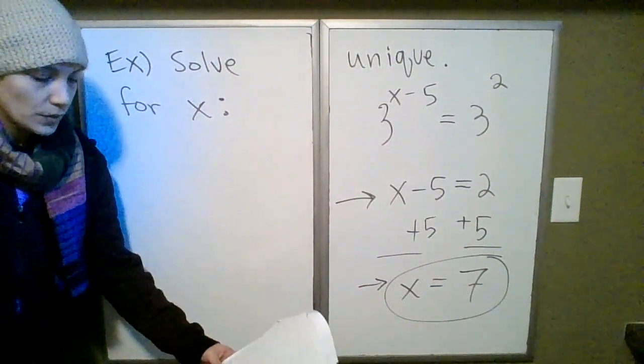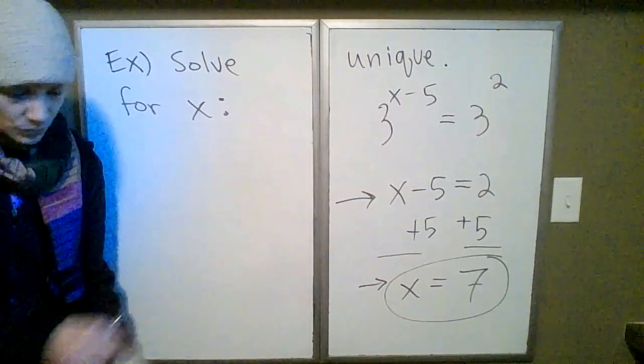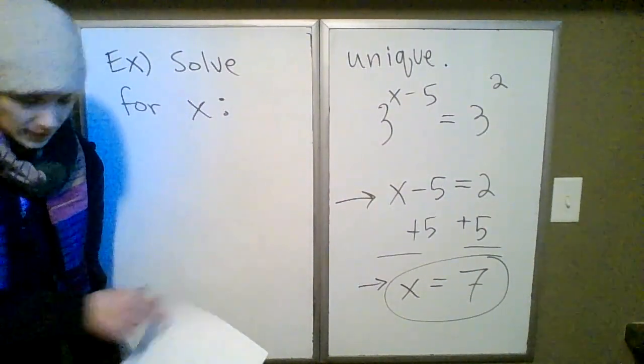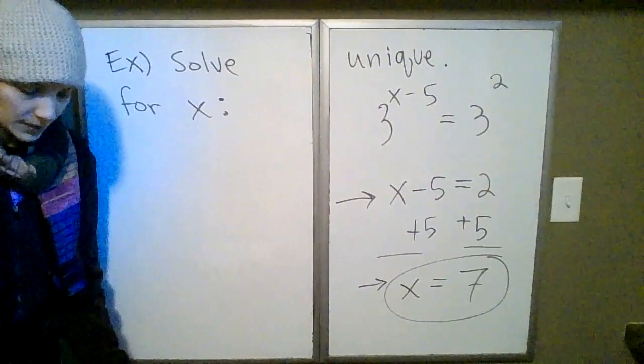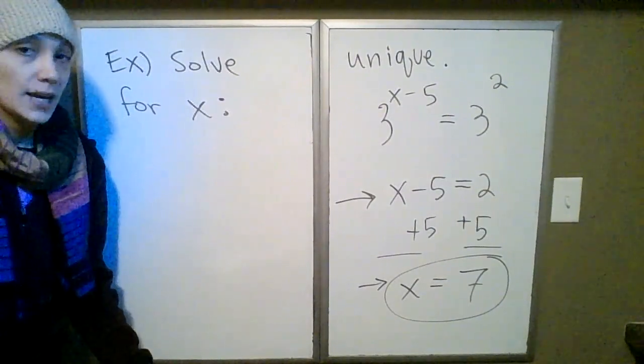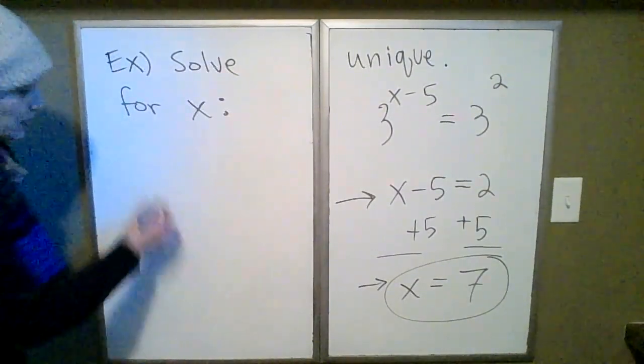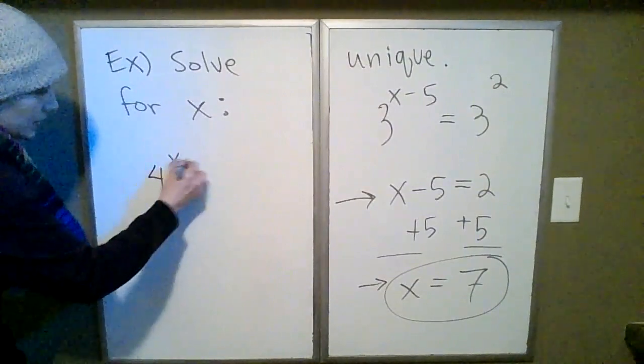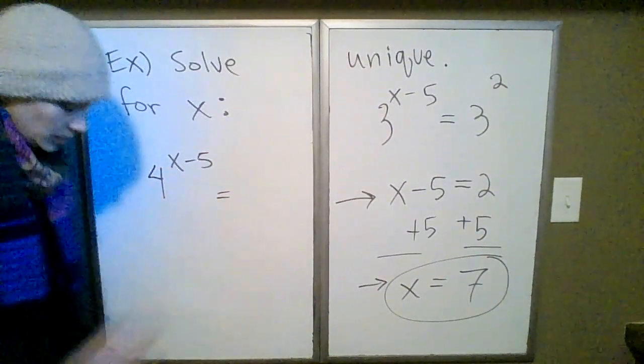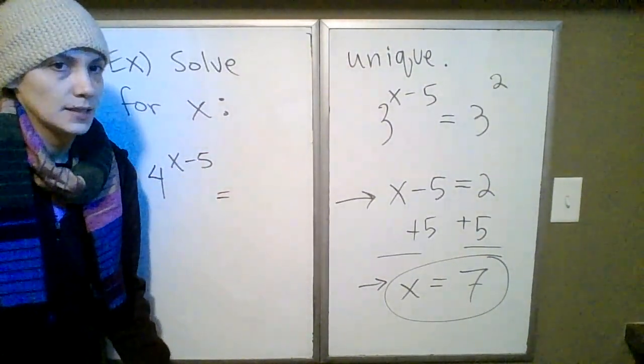Okay, we're going to use 4 to a power of x minus 5 equal to 64.